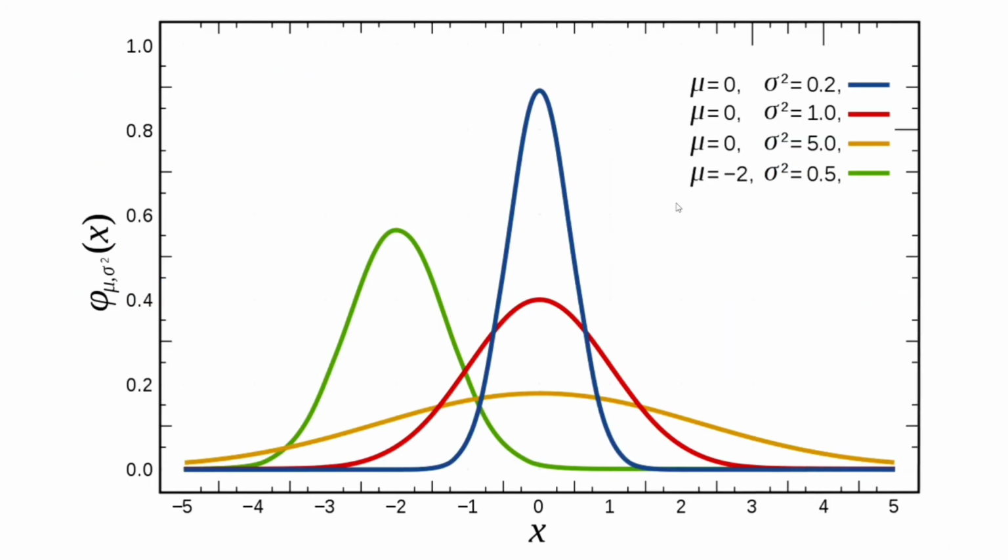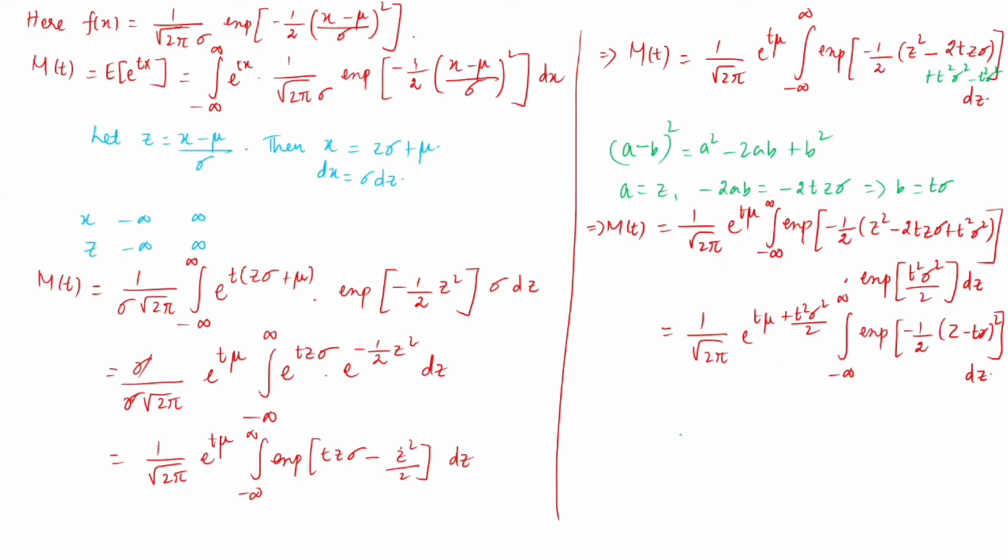Okay, keeping that in mind, come back here. Let us do some rearrangements. When we do some rearrangement, it is e to the power t mu plus t square sigma square upon 2. This one we will write separately. 1 upon under root 2 pi minus infinity to infinity exponential of minus half times of z minus t sigma whole square dz. Isn't it?